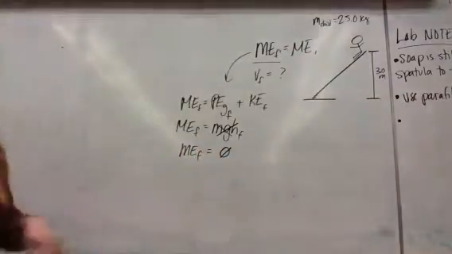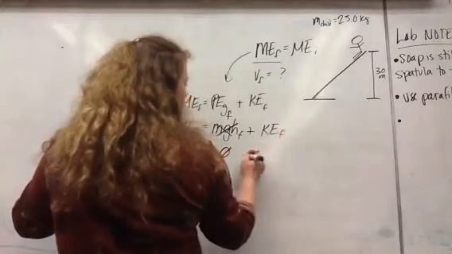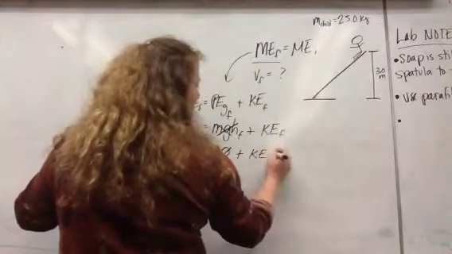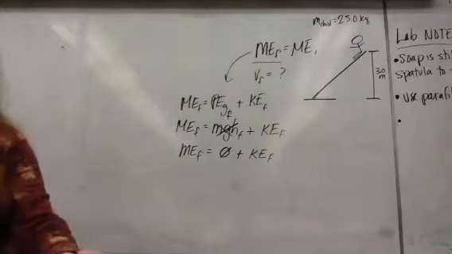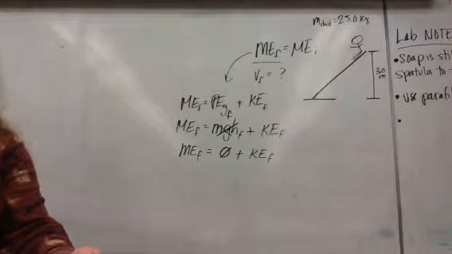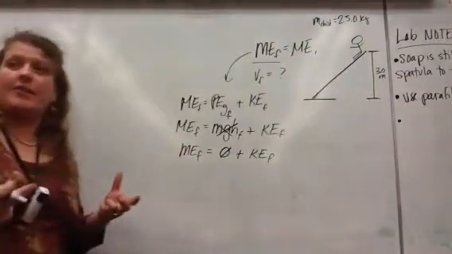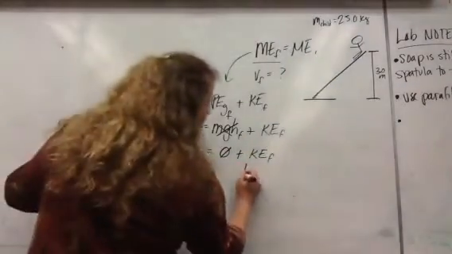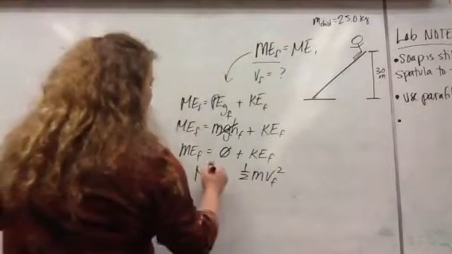So final mechanical energy is her final kinetic energy. What's the equation for kinetic energy? 1/2 mass velocity squared. And since we're talking about final kinetic energy, that's going to be 1/2 mass velocity final squared.